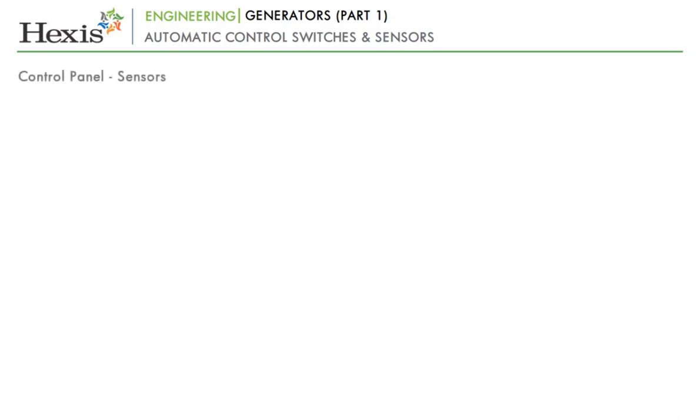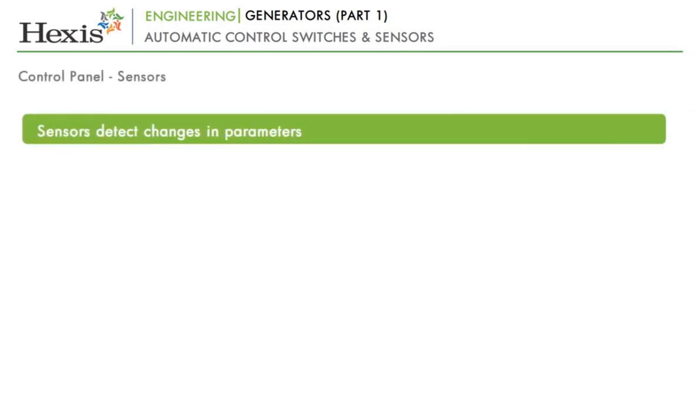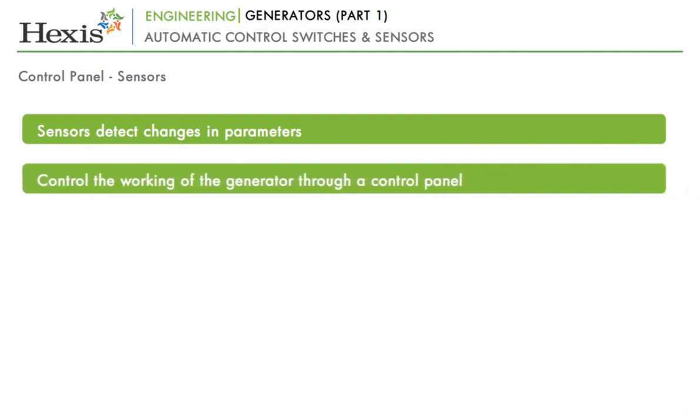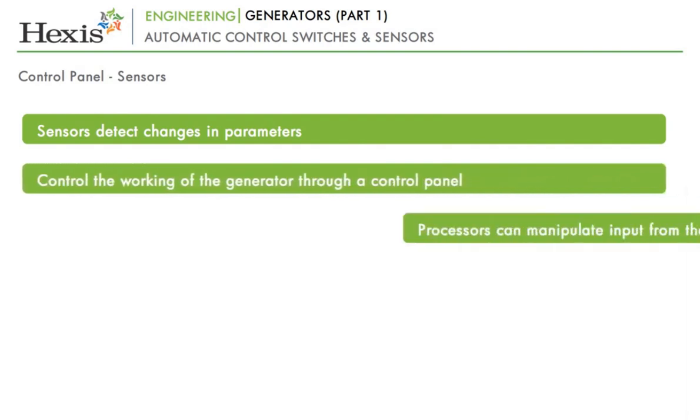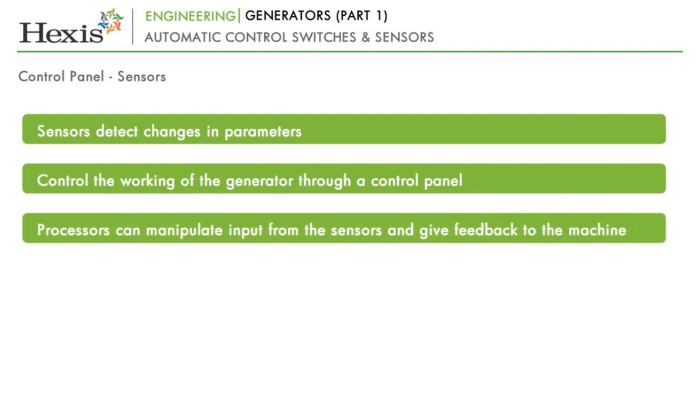The modern generators are equipped with sensors that detect changes in parameters and control the working of the generator through a control panel. The processors in the control panel can manipulate input from the sensors to give feedback in the form of temperature, speed, and oil pressure to the machine to manage itself.